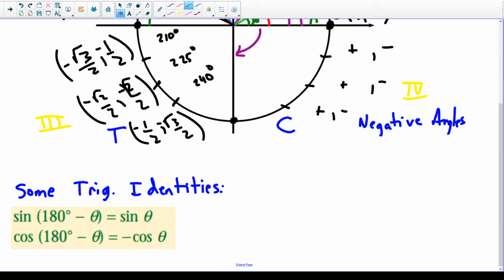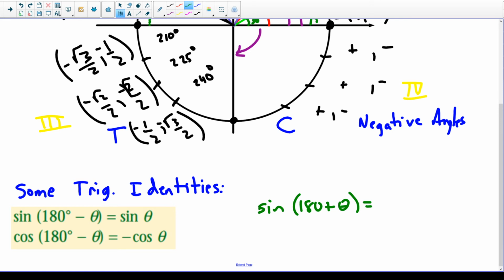Now, if you really wanted to know if you understood what I just said, what if I asked you, what is the sine of 180 plus theta? What quadrant am I in if I do a sine of 180 plus theta? Now, I want you to understand that theta is always a related acute angle.